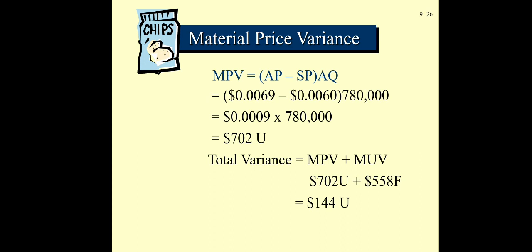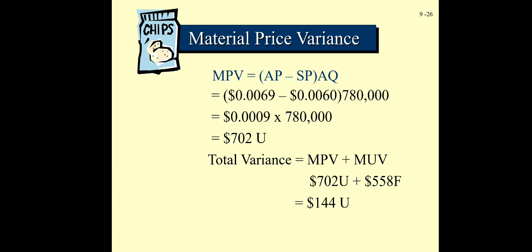So in this sample question or example, the material price variance is $702 unfavorable plus the material usage variance, the number is $558 favorable. So the total variance for direct material is $144 unfavorable. How to get the 144 unfavorable?